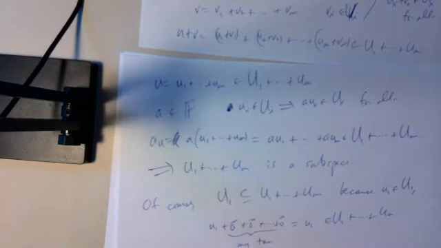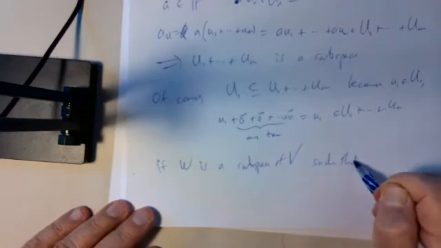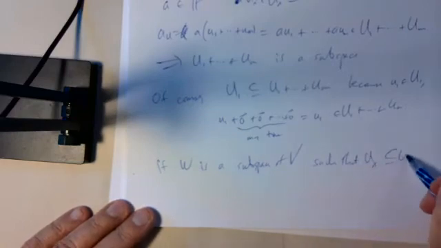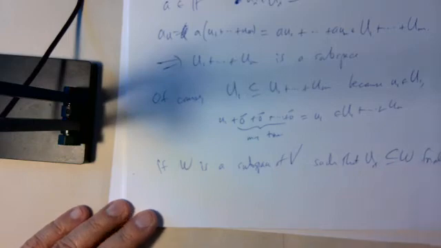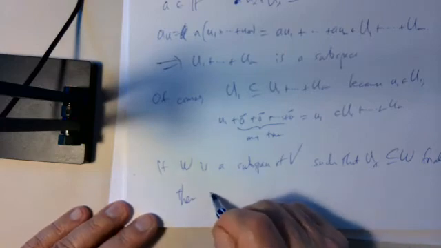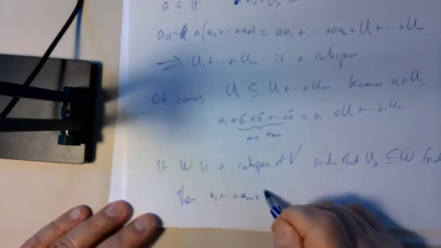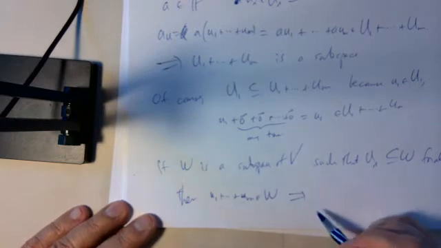And conversely, if W is a subspace of the vector space V such that u sub i is contained in W for all i, then u1 up to u sub m is in W for all numbers of this form, vectors of this form.